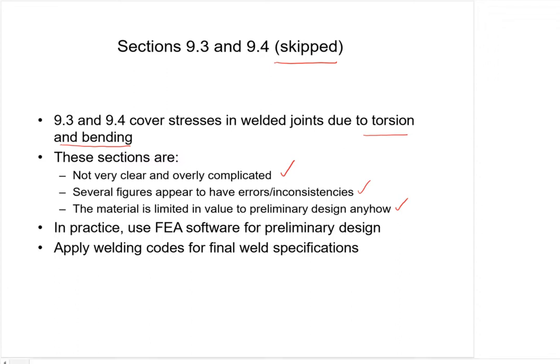And in practice, you'd use finite element software for a preliminary design anyhow. And most importantly, usually you're applying welding codes for the final weld specifications. You might double check the stresses, and you can do that with FEA.